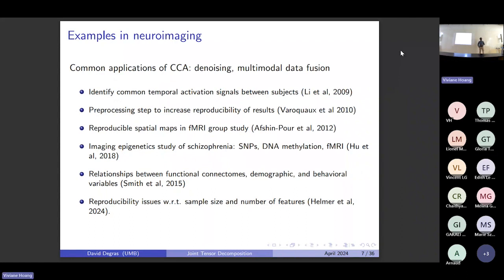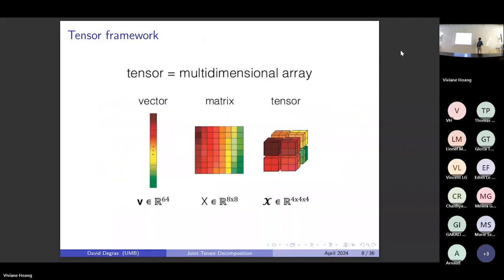Applications of CCA in neuroimaging are several. It has been used as a denoising tool and also as a tool to use multimodal data. And as a reminder, a tensor is just a multi-dimensional array.